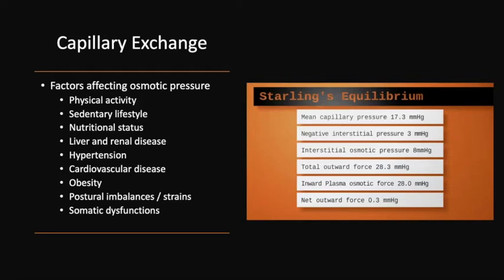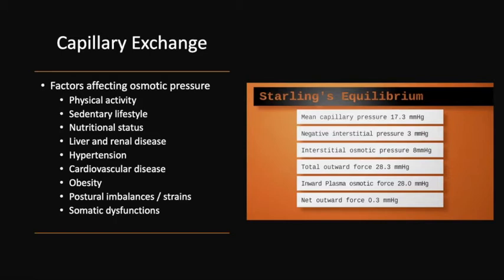In addition to that, in the area where it's going, there's a negative interstitial pressure drawing it out of the capillary, as well as an interstitial osmotic pressure from solutes at the other end that are drawing it out. That gives us a total outward force of 28.3 millimeters of mercury, which is drawing fluid out of the capillary bed.